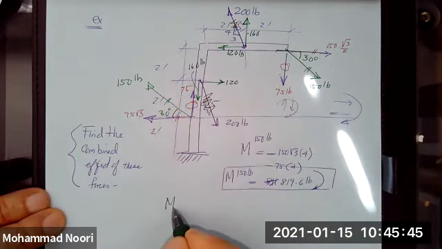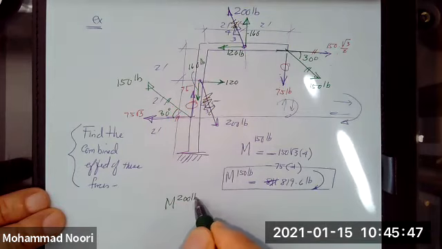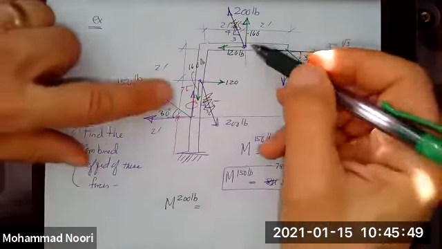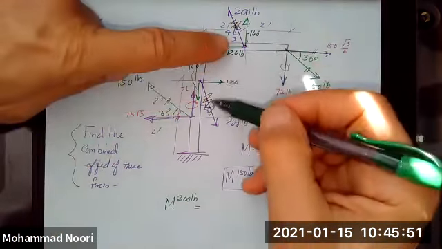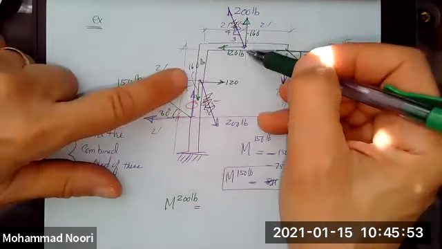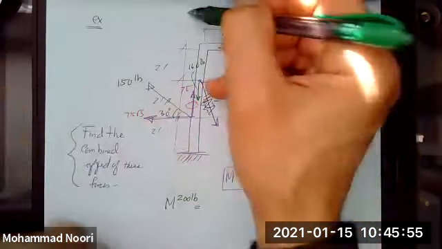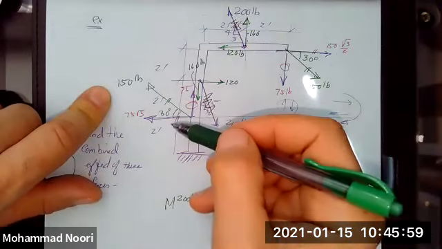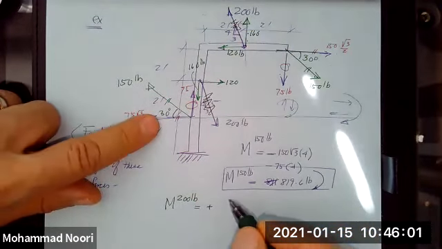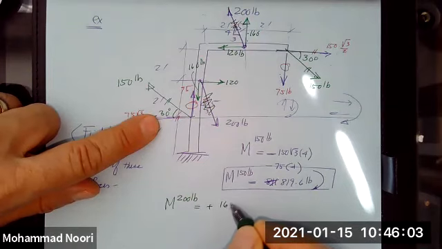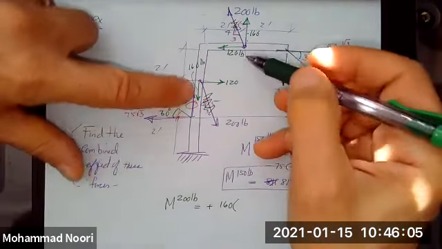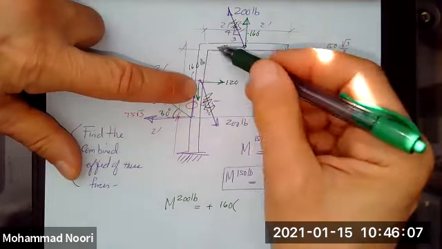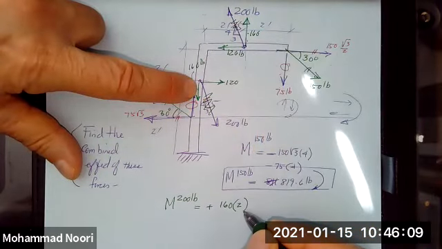So the moment of that 200 pound would be the moment of these two plus the moment that these two generate. These two generate a moment that is counterclockwise, so it would be positive, and that would be 160 times the vertical distance, which is 2.